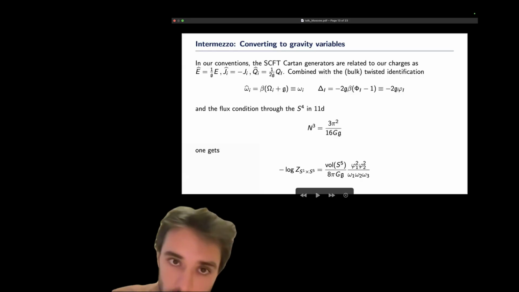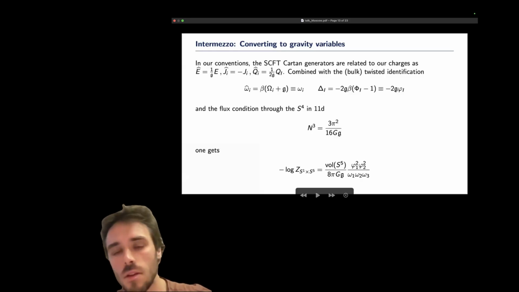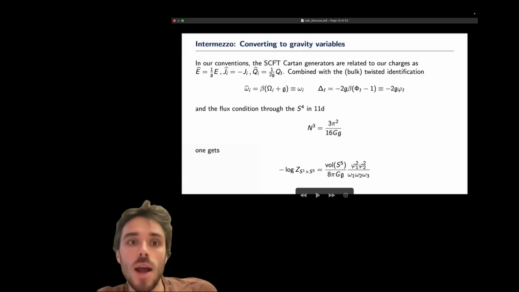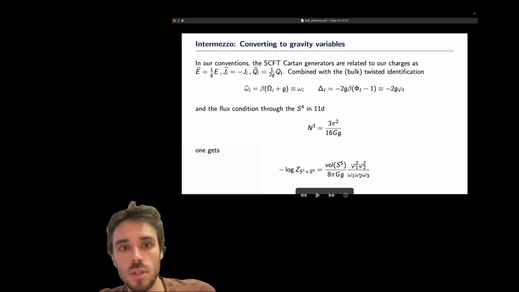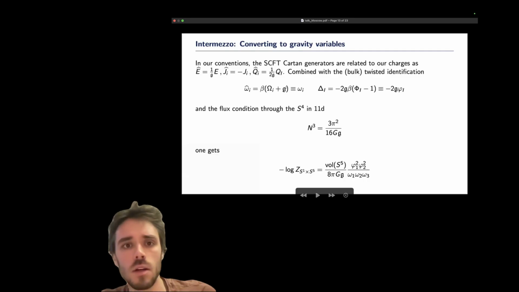Out of my gauge fields, I build my currents, I build my superconformal algebra, and if you do it carefully, you realize that you map between field theory variables and gravity variables. It's quite simple. So you take the field theory omega, and it is what we already computed, beta, and this capital omega. It's this expression.